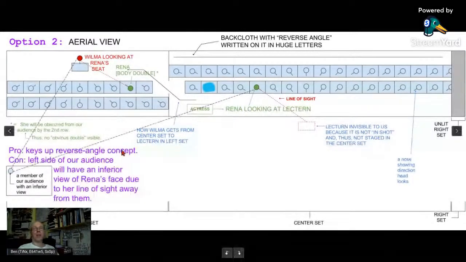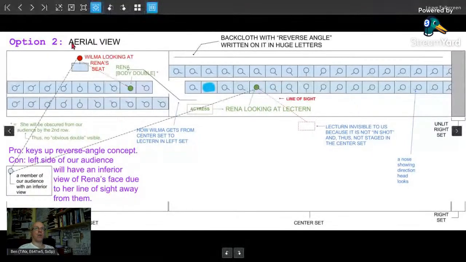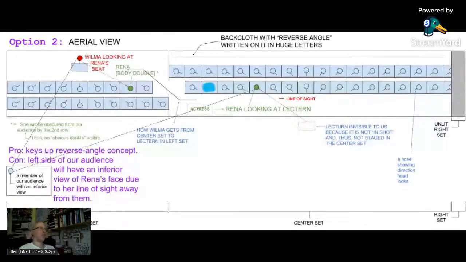So, and then this is the reverse angle. And so we have Rena looking to her left. So you would have a split screen where Wilma is looking to her left and Rena is looking to her left. But the convention is that they have to cross.